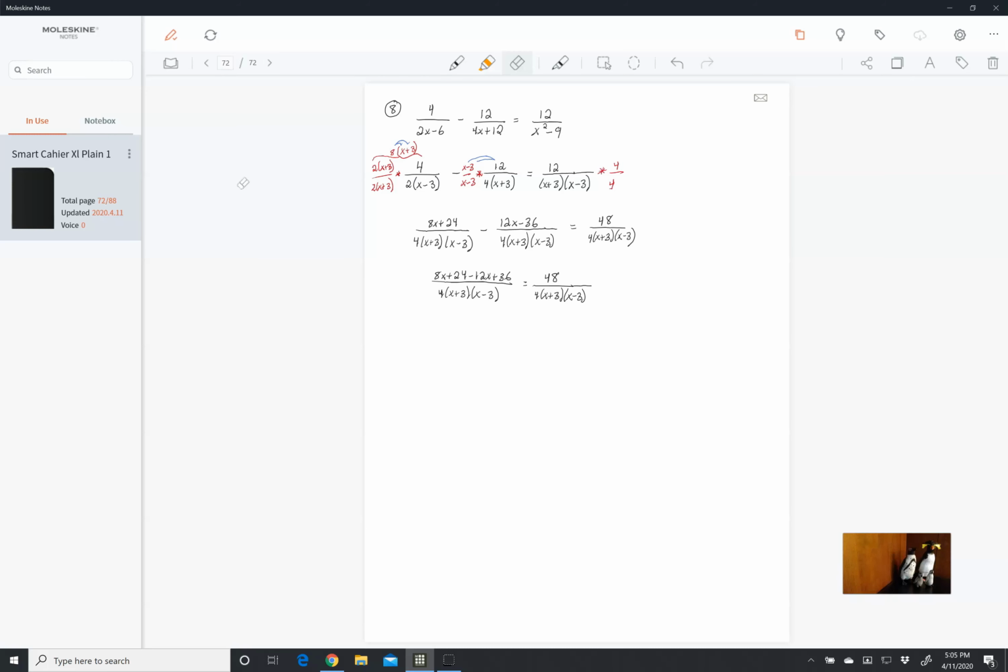So here, if we combine like terms, we get a negative 4x plus 60 is equal to 48.